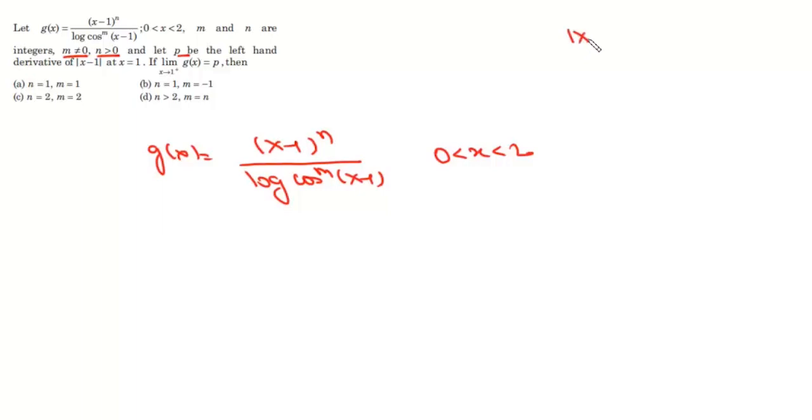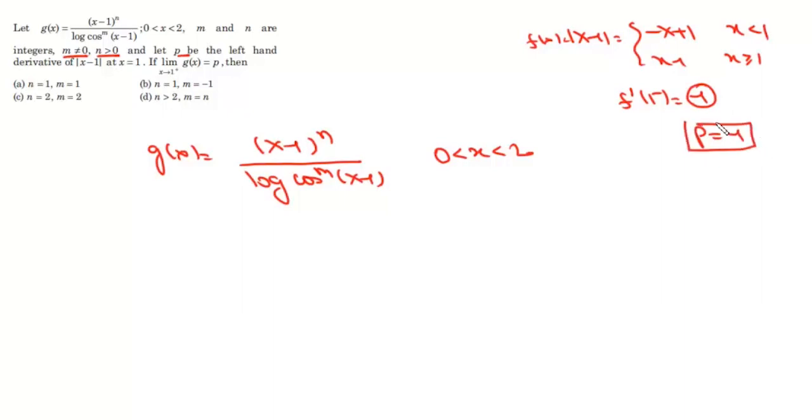Now if we look at this function, mod x minus 1 will be minus x plus 1 when x is less than 1, and it will be x minus 1 when x is greater than or equal to 1. So if we look at its left hand derivative, f dash 1 negative, it will be simply minus 1. So that means the value of p is minus 1.